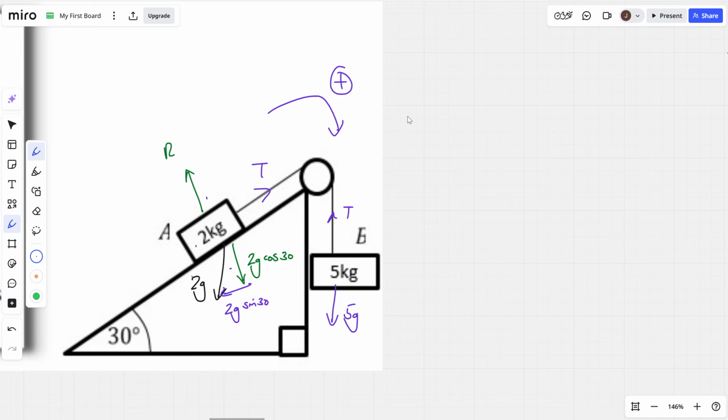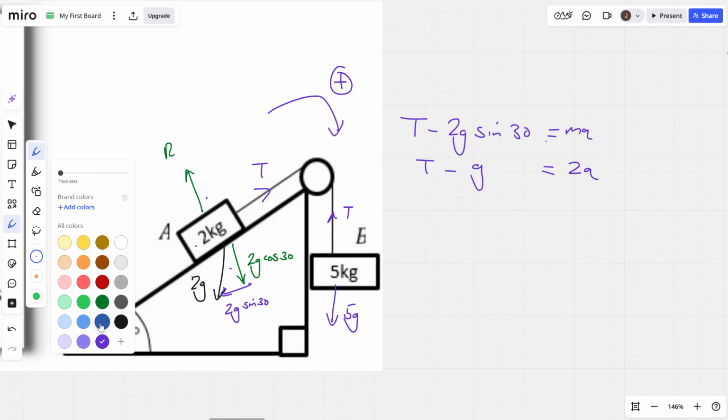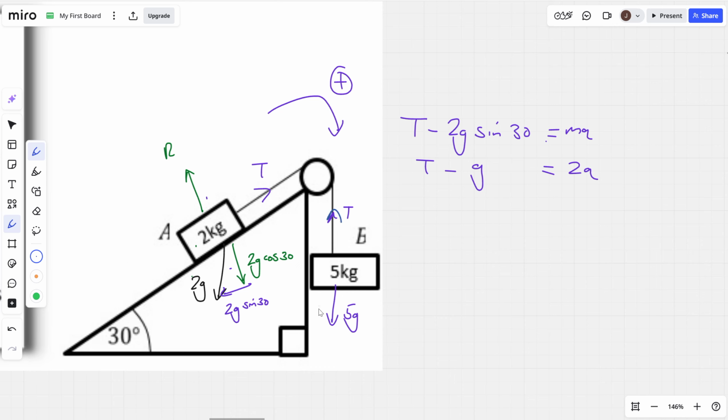So for the first one, I'm going to do T minus 2g sine 30 equals ma, which is T minus, sine 30 is a half, so that's just T minus g equals 2a. And then the other one, I was using blue before, so let's go back to blue.